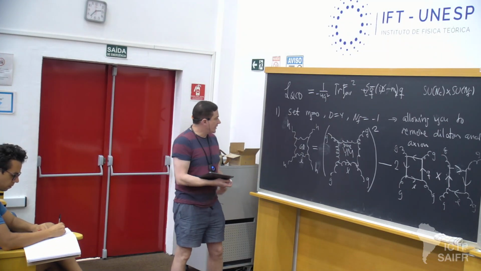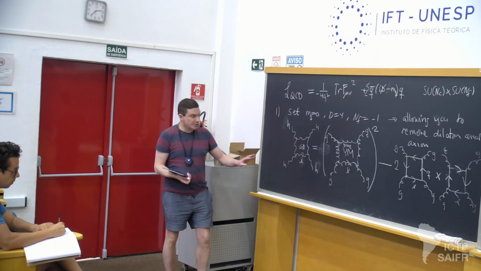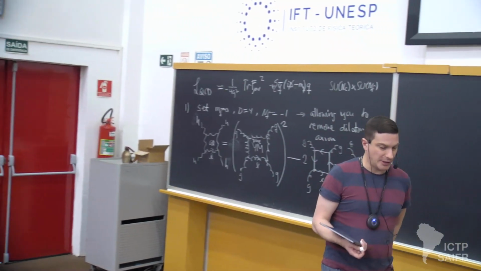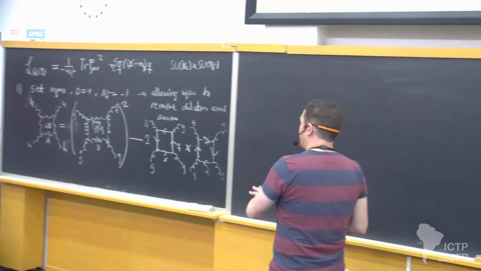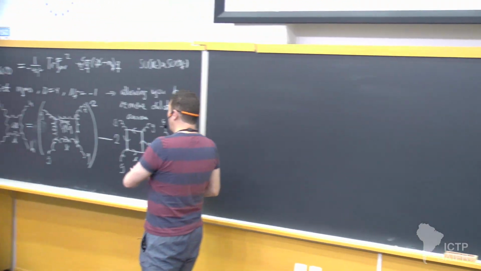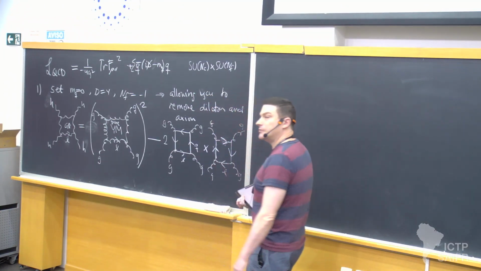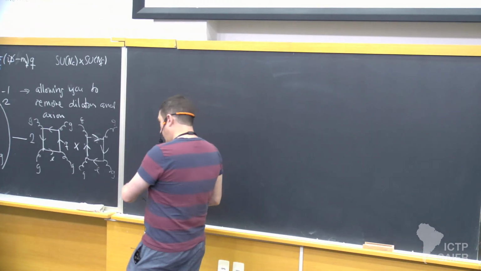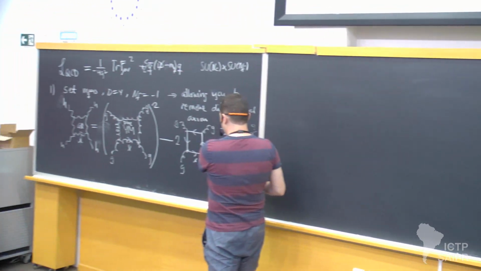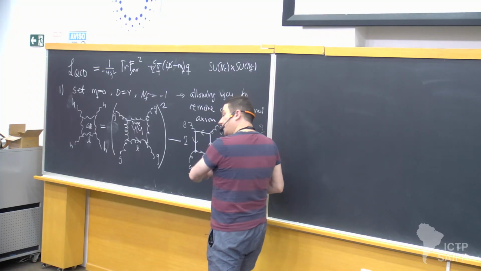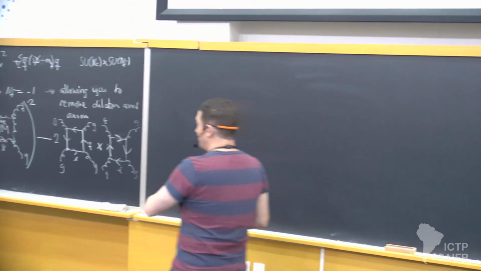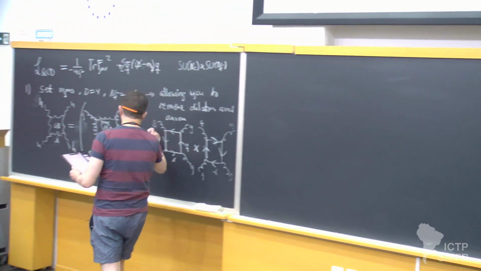And obviously, you can generalize this to higher loops, assuming that you can find the numerators that obey color-kinematics duality. But the strategy is always the same. Just compute your diagrams as if you were just doing QCD. But then when you do the double copy, you always take the massless limit, you anti-align this fermionic arrow, and then you put a minus sign.